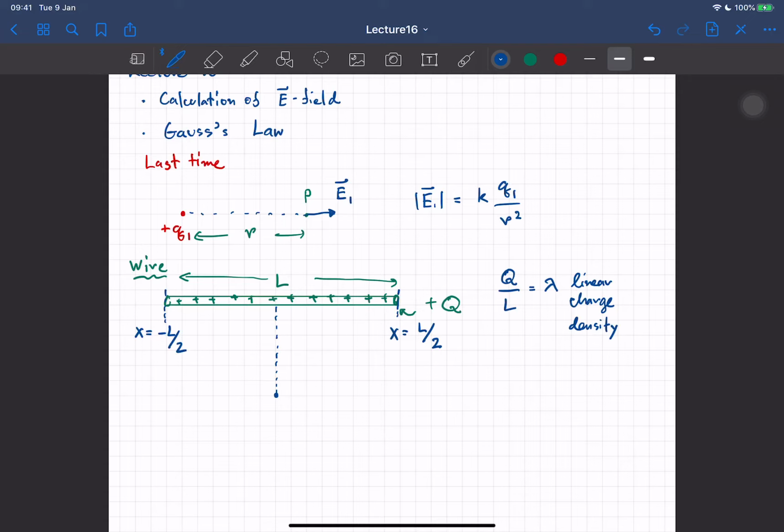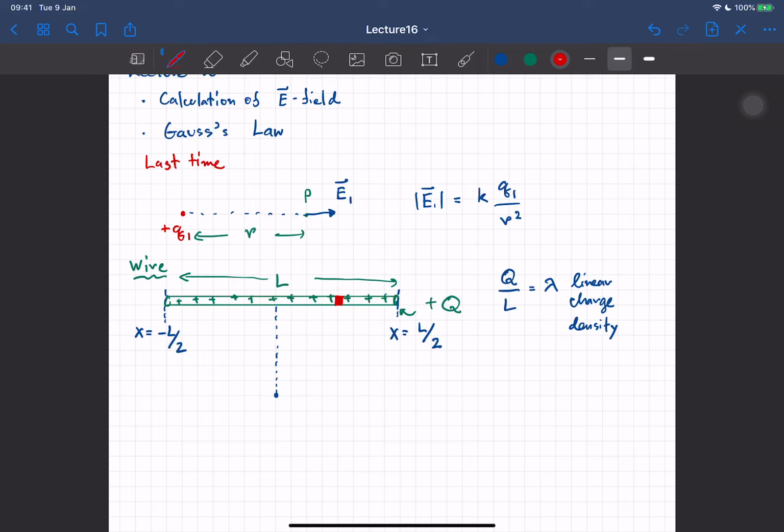So the idea is this: if I look at just a small section on the wire, like this red section, and I choose this section to be short enough, let's say the whole length of the wire is 1 meter, and then I choose this red one to be 1 millimeter or half a millimeter or even smaller than that. At some point, it's going to look like a point charge.